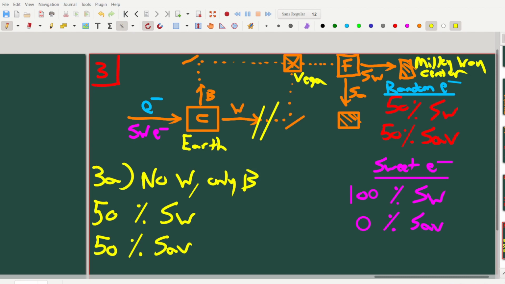And that information, when Earth communicates with Vega and with the Milky Way center, travels at the speed of light. So when Earth gets that electron and sends it out, it can send a message to Vega to say, hey, electron's coming in 40 years, or in 45 years, or however long it is. And Vega will be ready to prepare for that electron, because the electron takes longer than 40 years to get there. Okay, so Vega knows the electron's coming, is ready to go. Right?